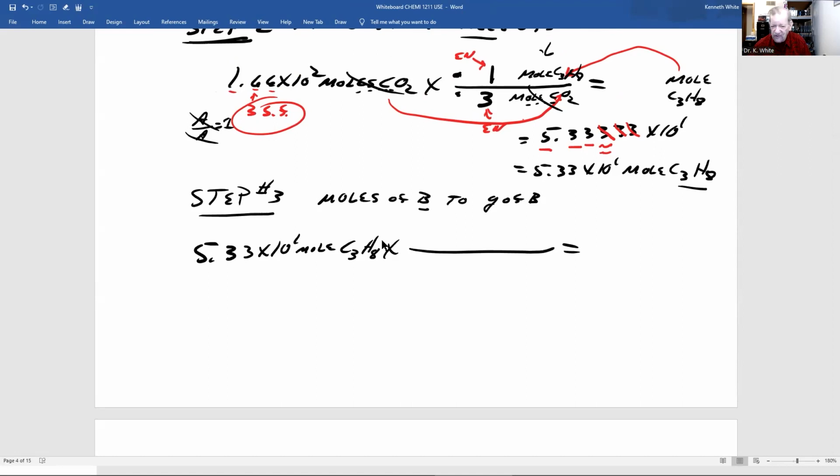What do we want to get to? Grams of B, and B, as I said, is propane. Now, what goes on top and bottom of that ratio? The units. Your turn. Use your good buddy.